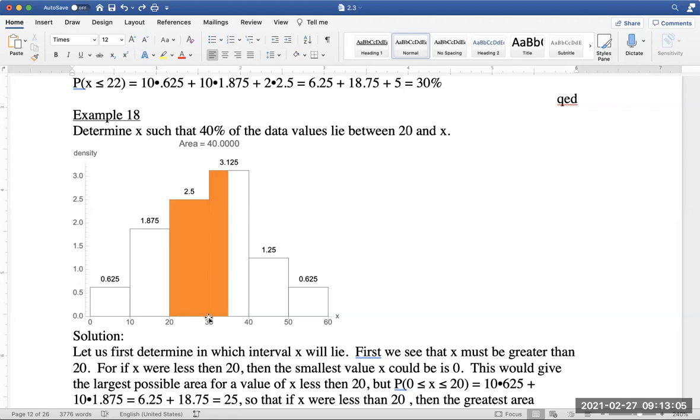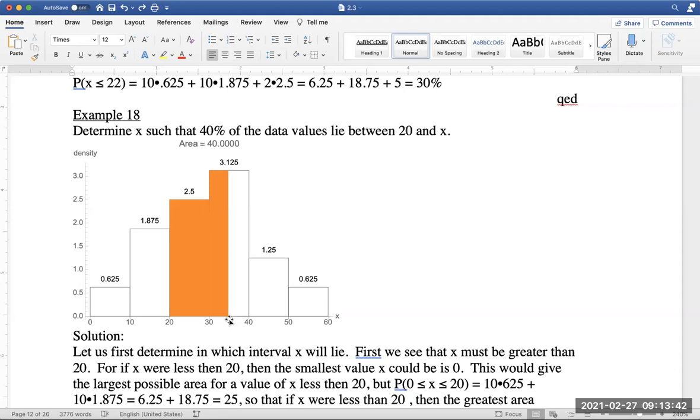If I go to 30, I have 25% of my data. By the time I get up to 40, I'm at 56.25% of my data. So somewhere between 30 and 40, I'll be at the place where I have 40% of my data values.